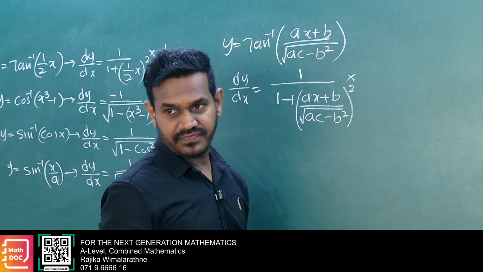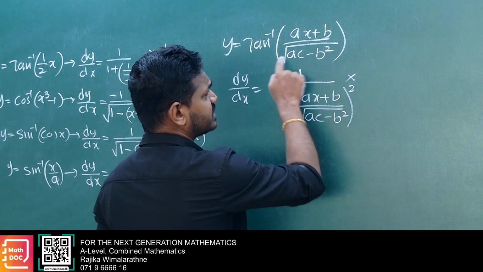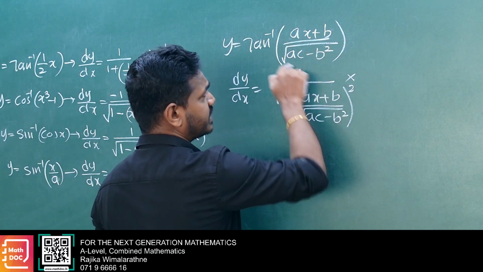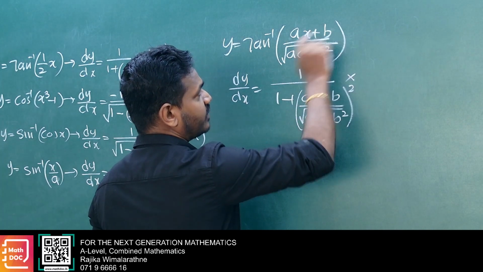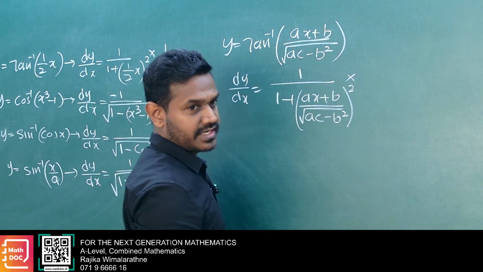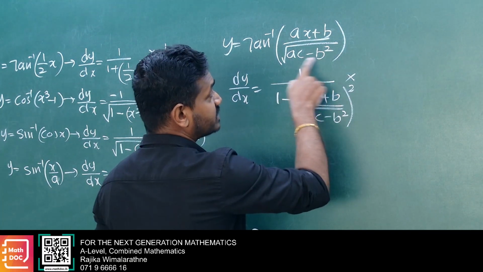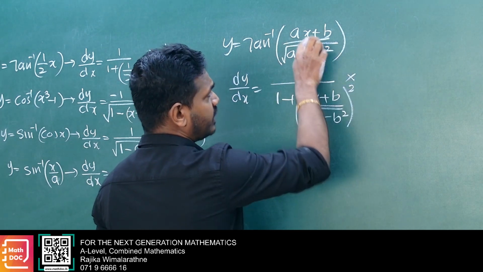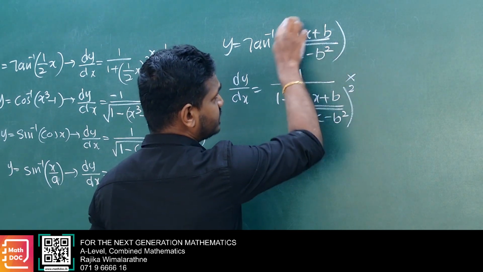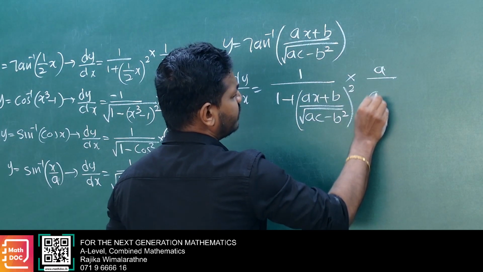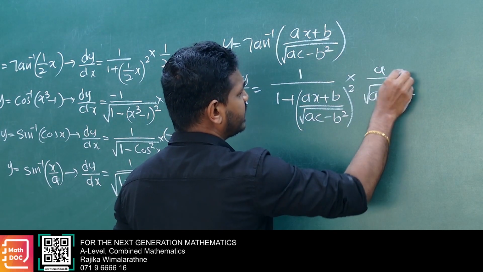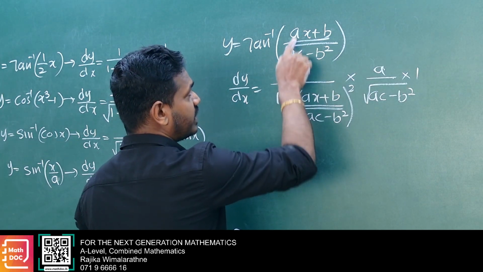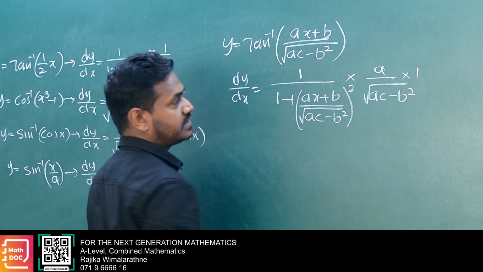Clearly see this: root of (ac minus b) is a constant, a is a constant, b is a constant, only x is variable. So when you differentiate, b gets 0 because it is completely separated. But with a and x, x has derivative 1, so you write a over root of (ac minus b), times 1, like that.